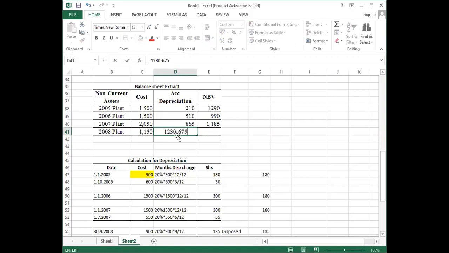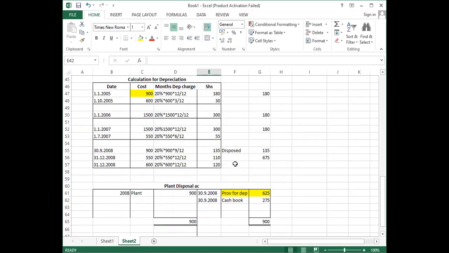What do you get? 555. If we less that, we know the net book value is 595. True or false? Yes, it will be that amount.